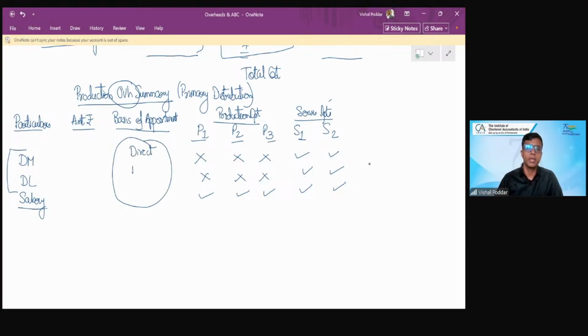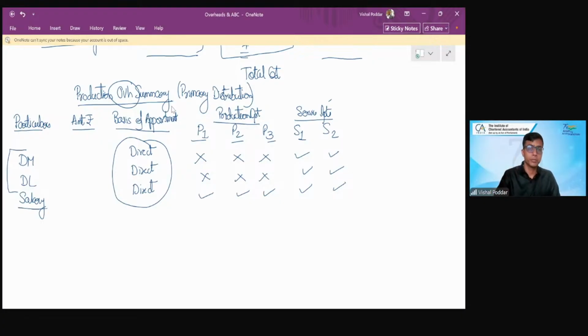You have directly allocated the expense to the respective departments. That is why the word used is direct. And this process whereby you simply put the expense in the respective departments without doing any ratio, without doing any apportionment is what is called as allocation.